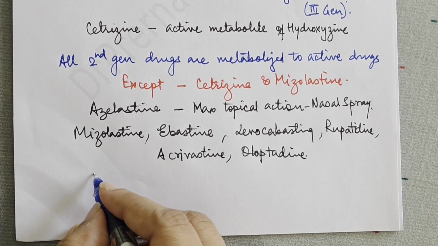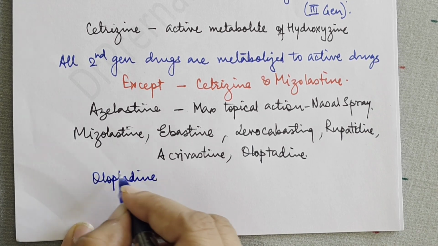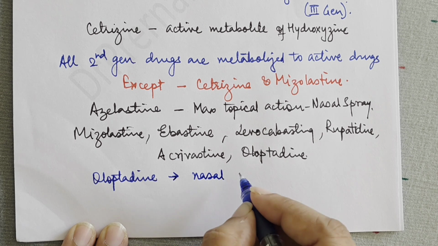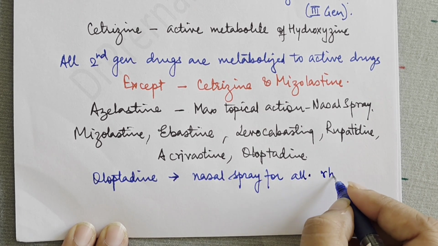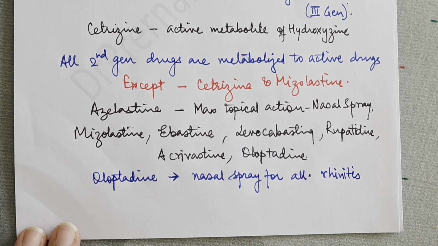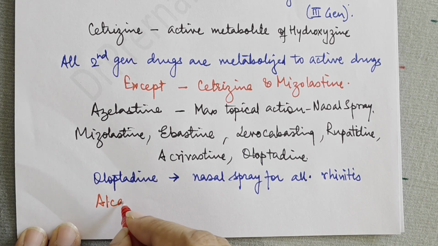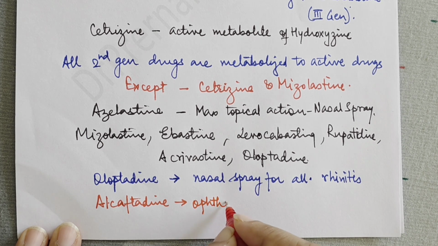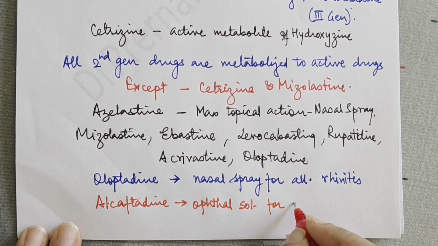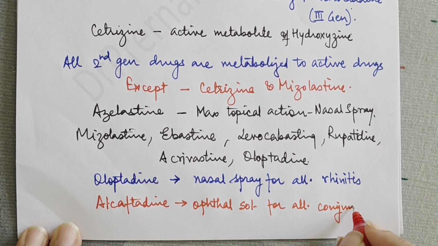Now among these, olopatadine is used as a nasal spray for allergic rhinitis. Then there is another drug, alcaftadine, which is used as an ophthalmic solution for allergic conjunctivitis.